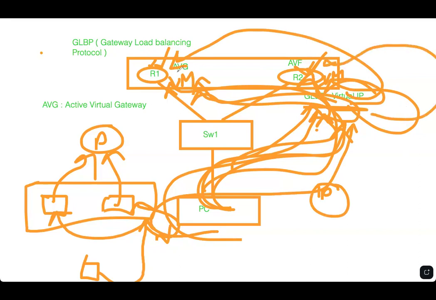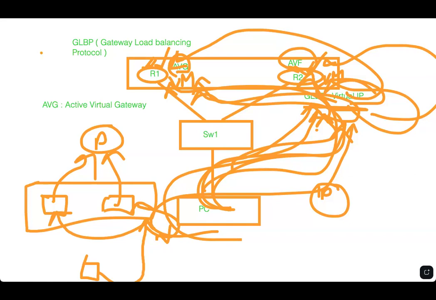That is the functionality of AVG. And AVF is a forwarder, which will just listen from the AVG perspective. So that is how we can do the load balancing between both routers with the concept of virtual MACs defined on the AVG and AVF, so that we can do per packet load balancing.